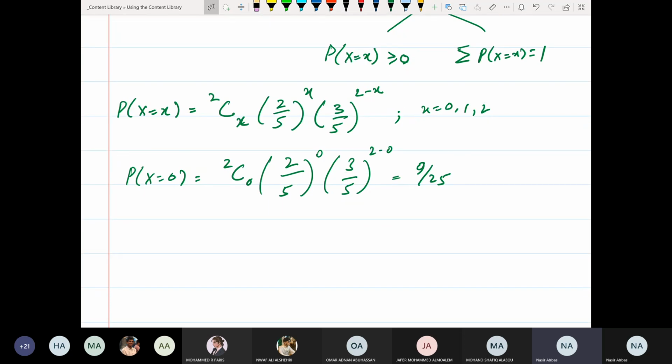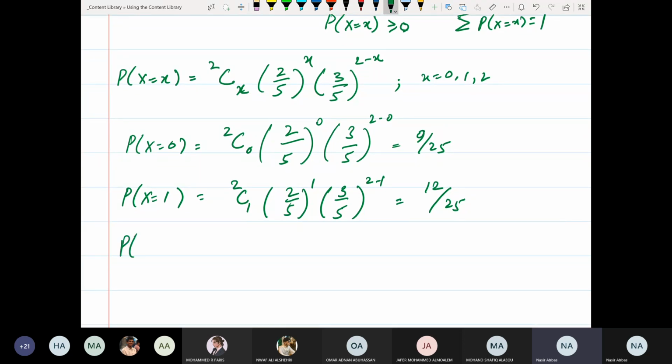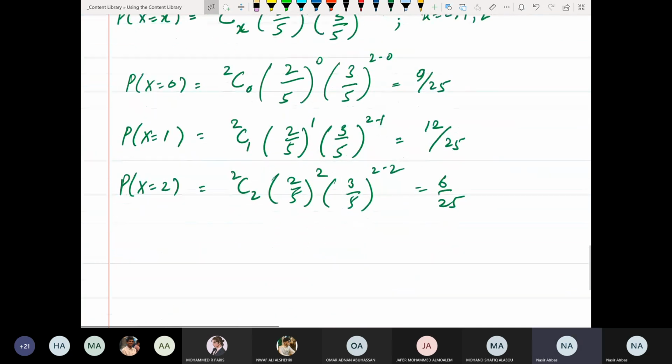If you put x equals 1 in this function, that will be 2 combination 1, 2 over 5 to the power 1, 3 over 5 to the power 2 minus 1. You should get 12 over 25. I did not calculate but I know it will be 12 over 25. And similarly, x equals 2, that will be 2 combination 2, 2 over 5 to the power 2, 3 over 5 to the power 2 minus 2. That will be 4 over 25.